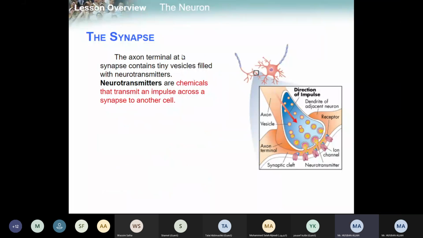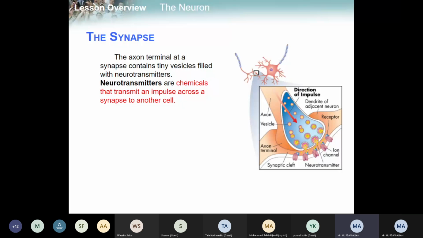The axon terminal at the synapse contains tiny vesicles filled with a neurotransmitter. If you look at the axon terminal at the synapse, it contains a tiny vesicle, a small structure which is filled with the neurotransmitter. So, what is a neurotransmitter? These yellow dotted structures which you can see are called neurotransmitters. Actually, neurotransmitters are chemicals that transmit impulses across a synapse to another cell.